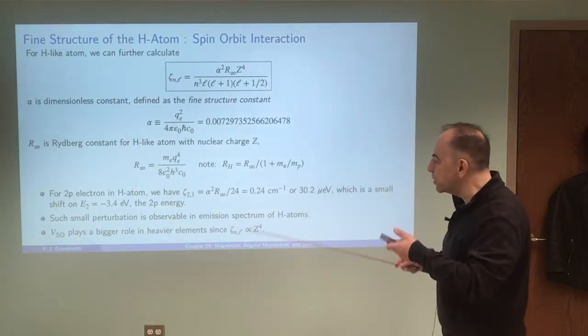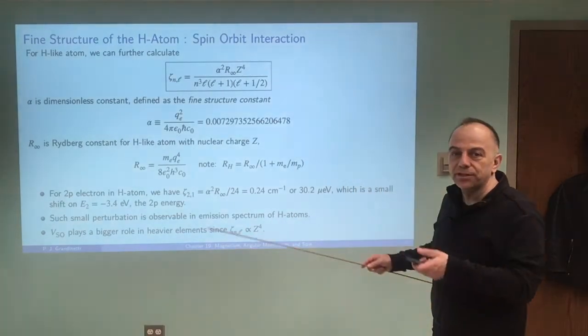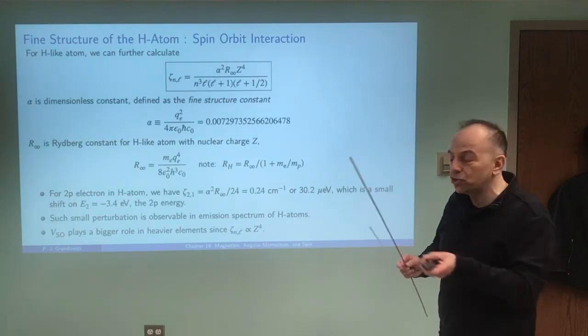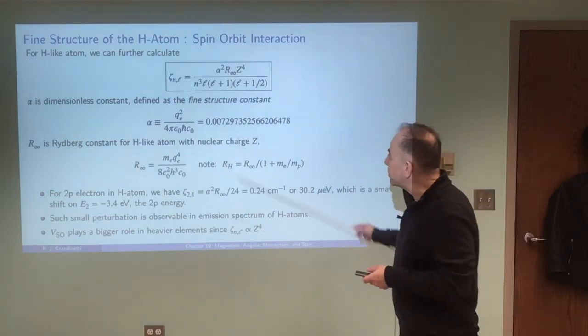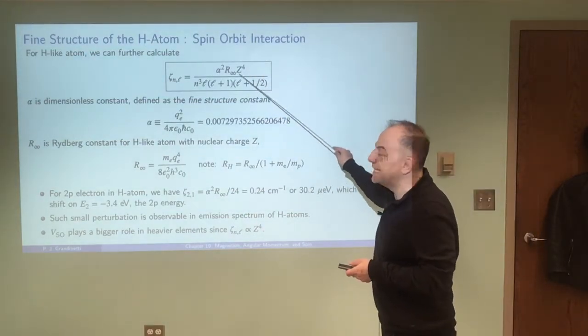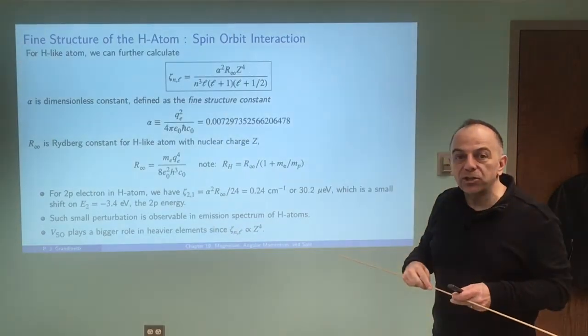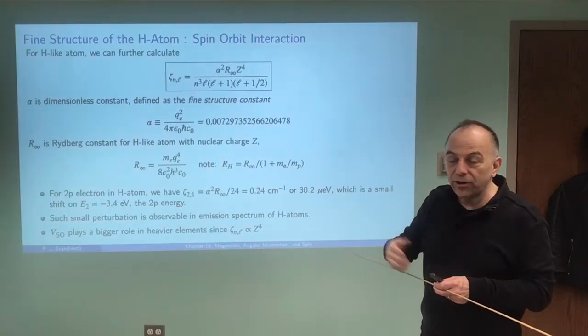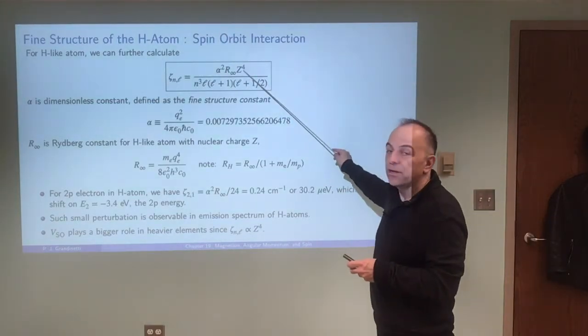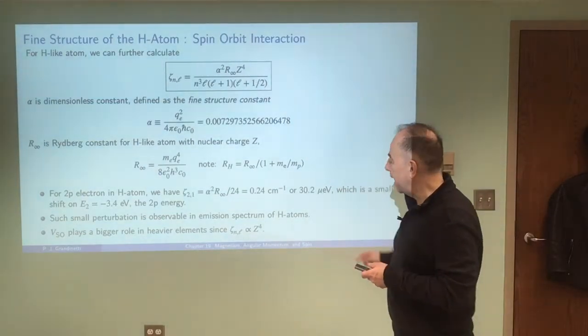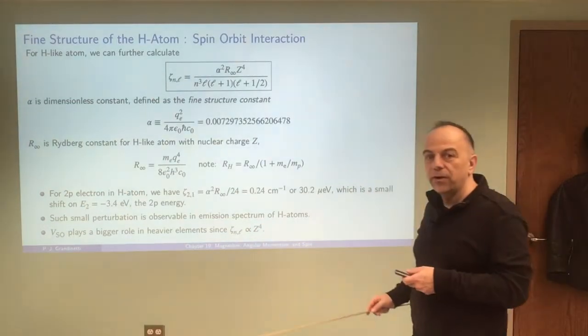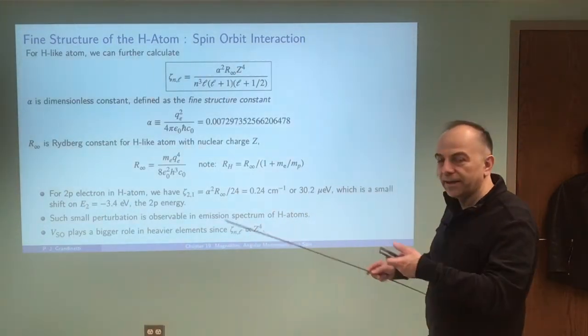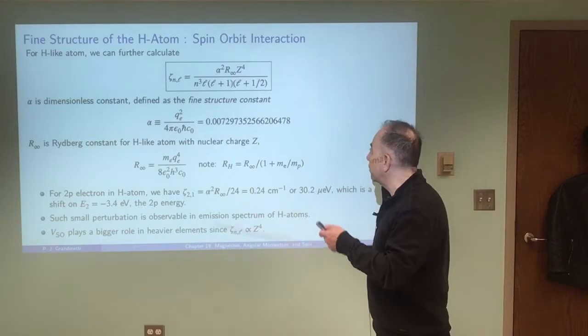So it's small for the hydrogen emission spectrum. As I said, it's a fine structure detail. But notice that this term goes as Z to the fourth. So as we start looking at the spin-orbit interaction for heavier and heavier elements, this term is going to get dramatically bigger, and it's going to play a more significant role in the spectra and the electronic structure of those atoms.